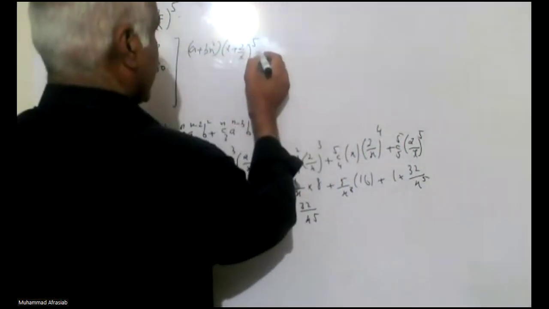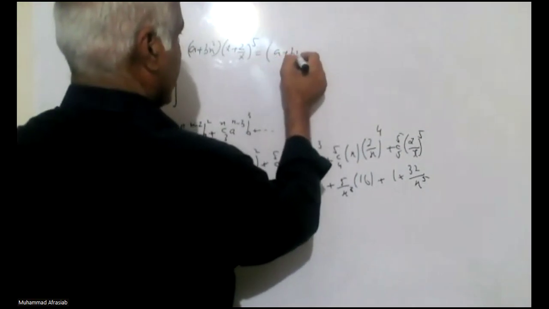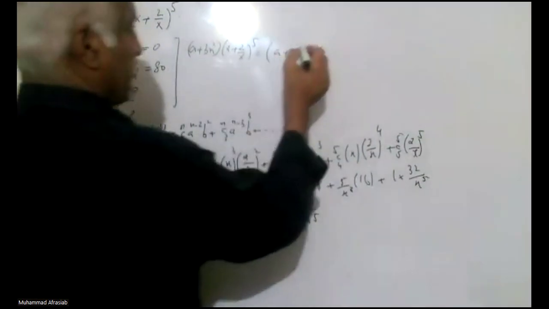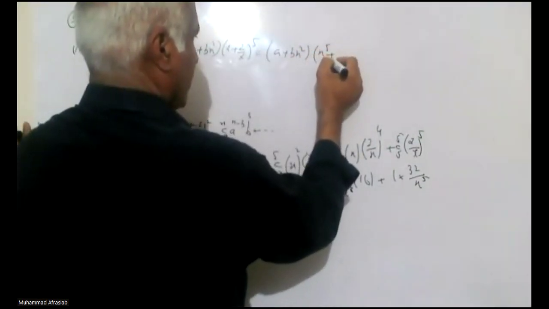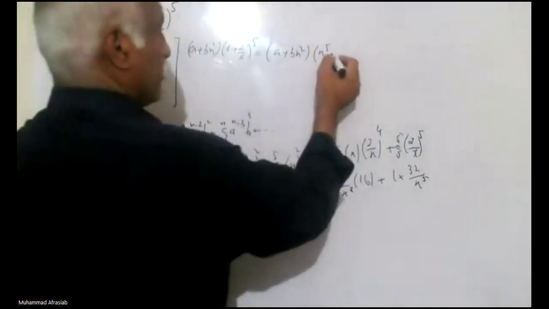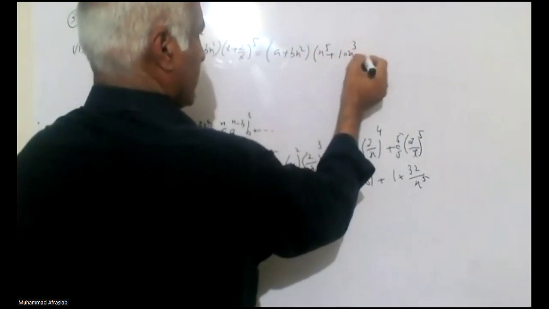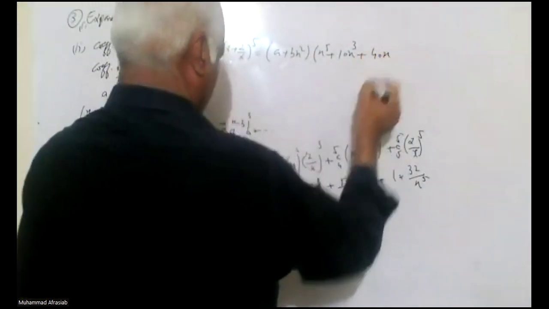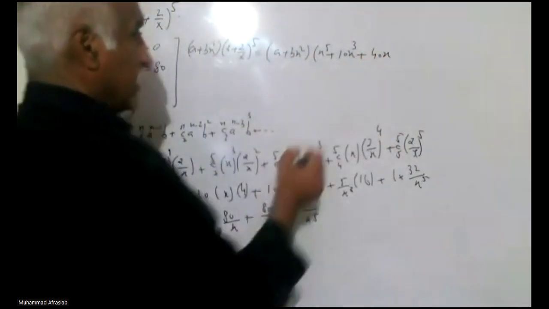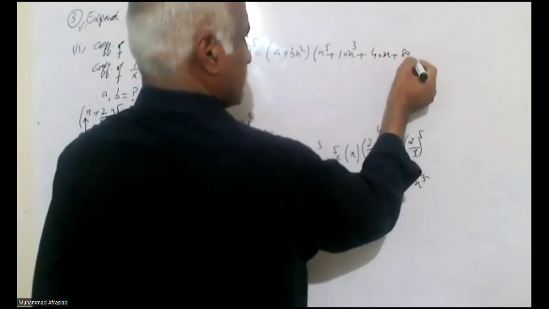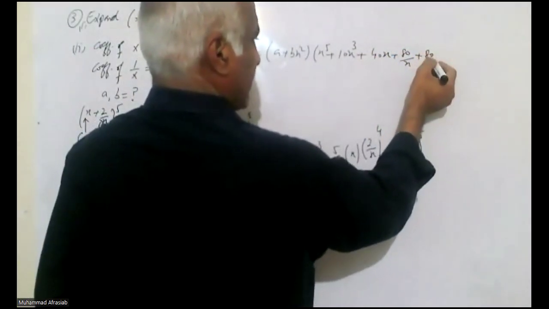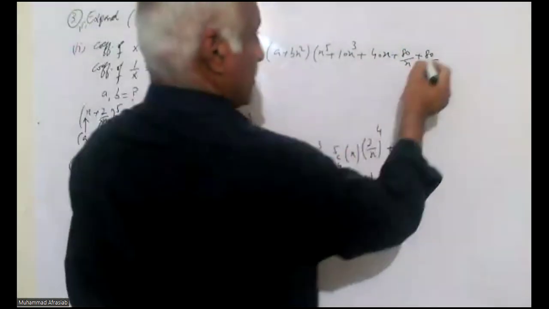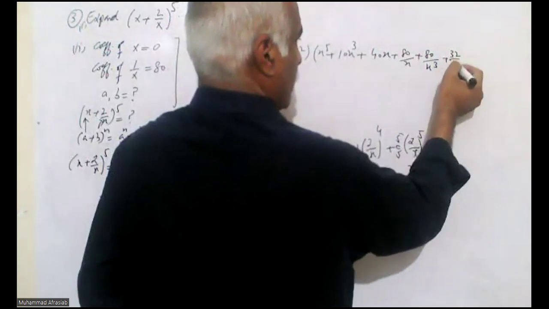Since this expression is equal to (a plus bx^2) into (x^5 plus 10x^3 plus 40x plus 80 over x plus 80 over x^3 plus 32 over x^5).